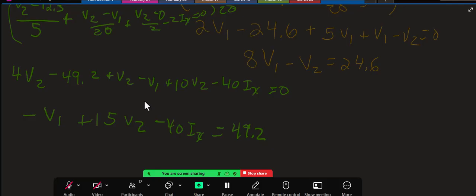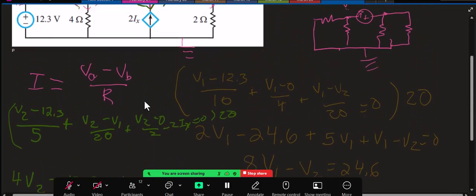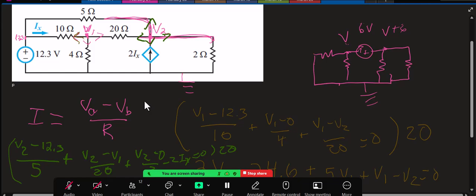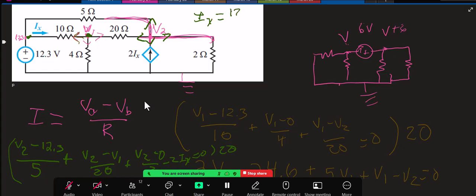Okay, so now let's go back and look at our circuit and look at what Ix is. Ix is the current going through this 10 ohm resistor. And remembering what I said about how you define the current, Ix is going to be the voltage on the side where it starts, which is 12.3, minus the voltage on the other side, which is V1, over the resistance in between, so 10.